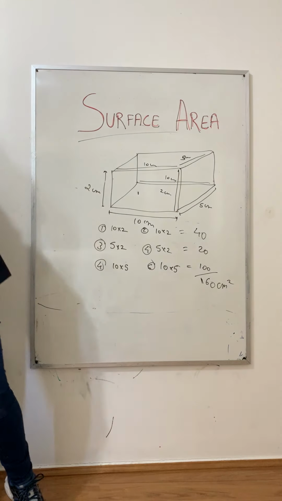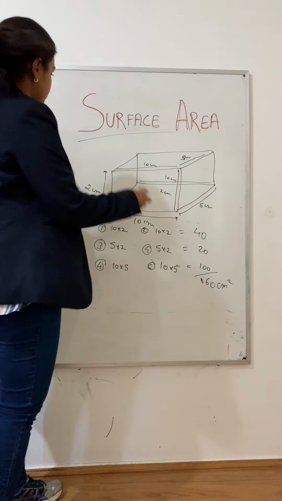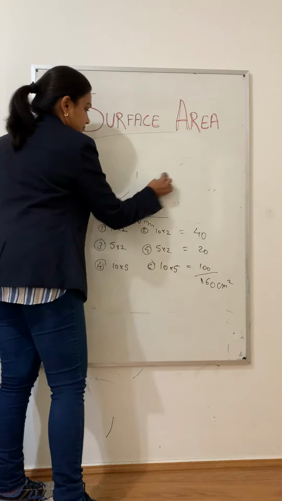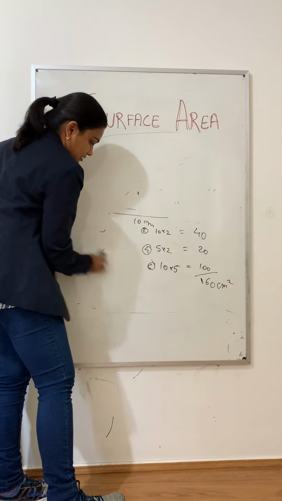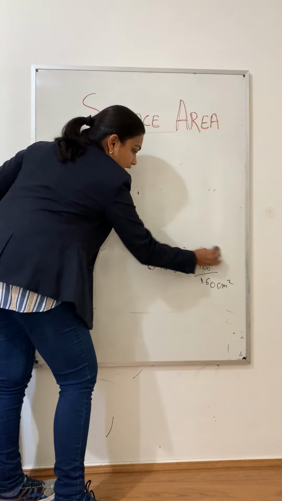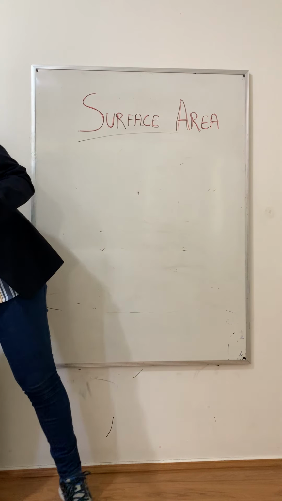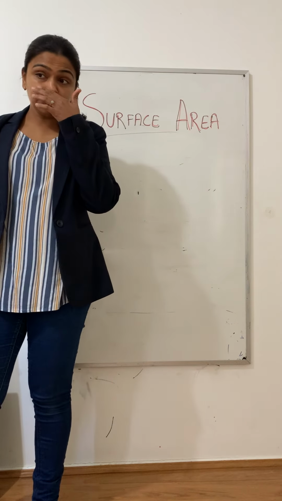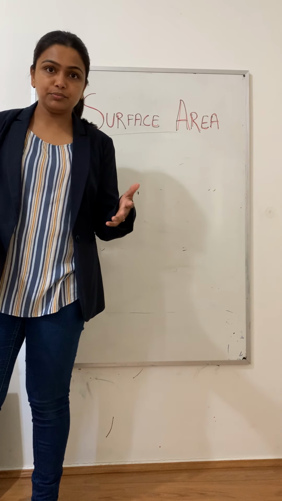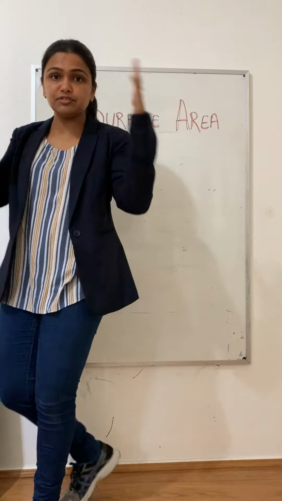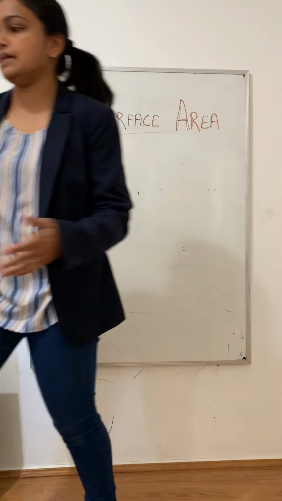Okay, let's talk about a triangular prism. I tried to find a model of a triangular prism, but I couldn't, so I have made it out of cardboard, and I guess I did it okay because it's actually easy to understand and visualize how a triangular prism looks like.